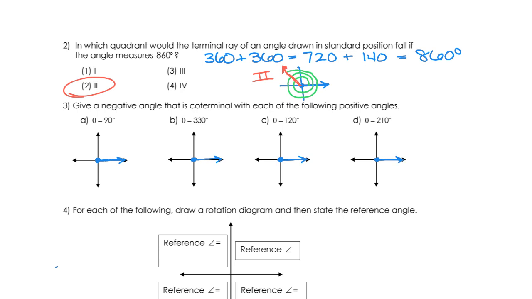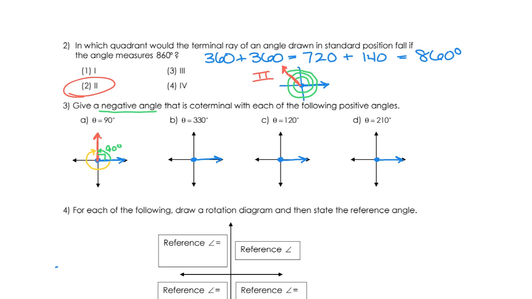And they want a negative angle that's coterminal with each of the following positive angles. Okay, so let's go ahead and think, we're 90 degrees. This would be the terminal ray for an angle that measures 90 degrees. And so 90 degrees would go up and around. They want a negative angle, which means we have to go down and around.